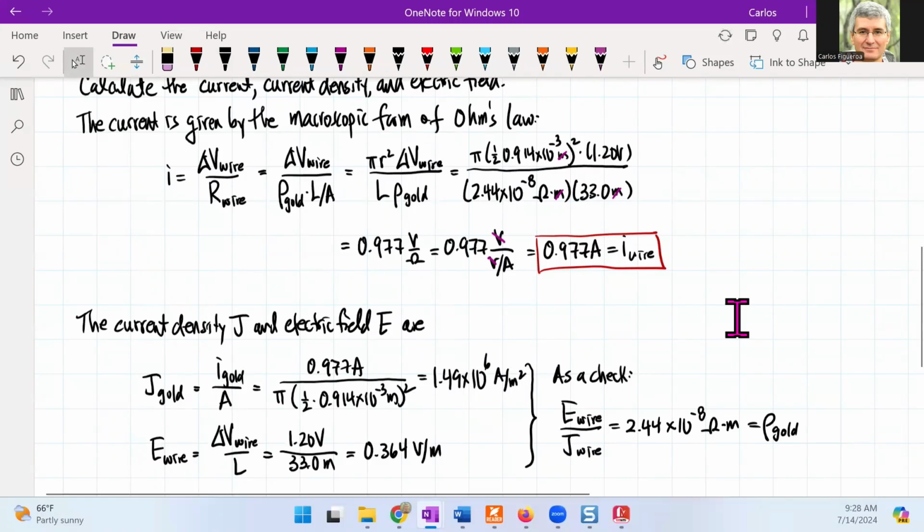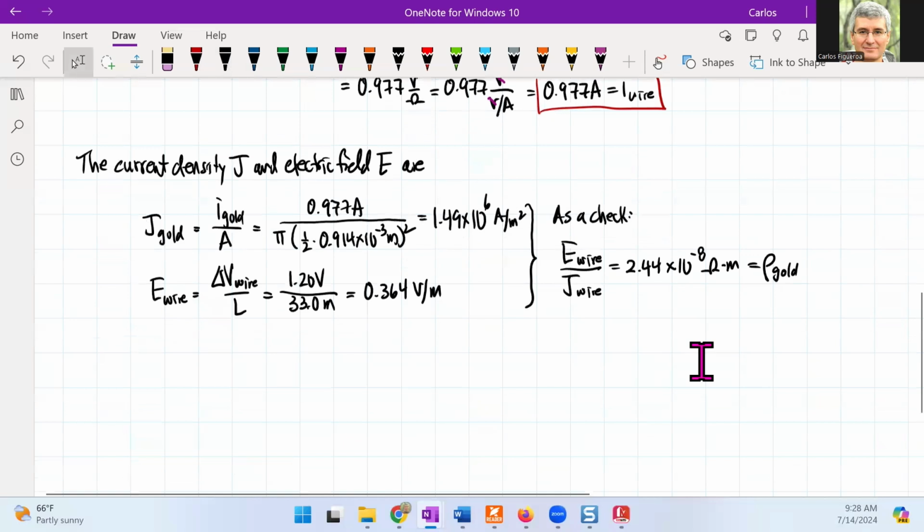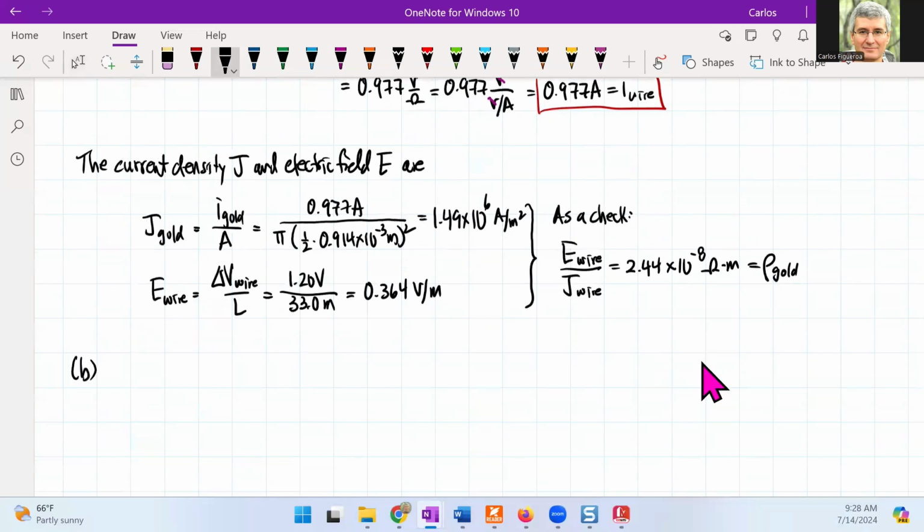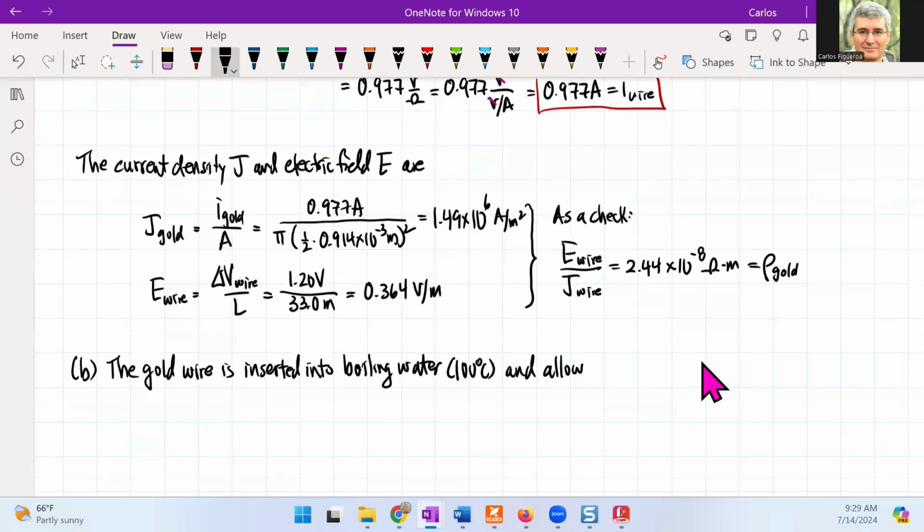So now let's go on to the next section. What's happening here is that the gold wire is inserted into boiling water, and of course, boiling water is at 100 degrees C, and allowed to reach an equilibrium state.